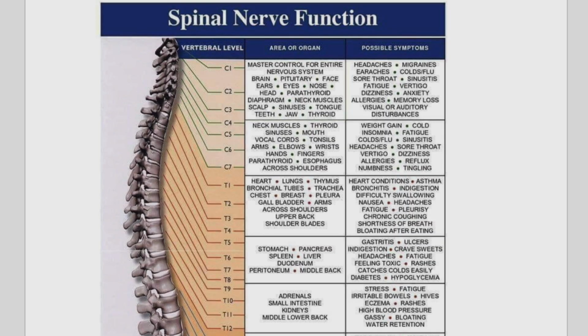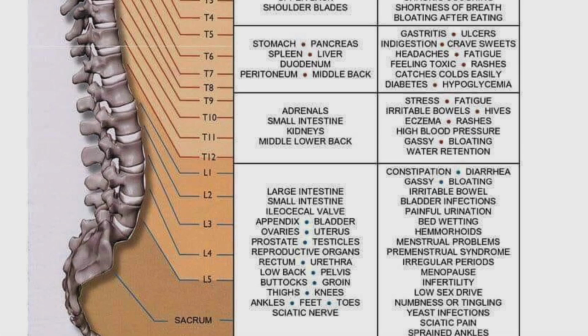All right, this graphic here shows spinal nerve function. It has all the cervical spine, that's C1 through C7, the thoracic spine, T1 through T12, and then the lumbar spine, L1 through L5, and then at the bottom is the sacrum. Obviously, this is on the left side of the screen.